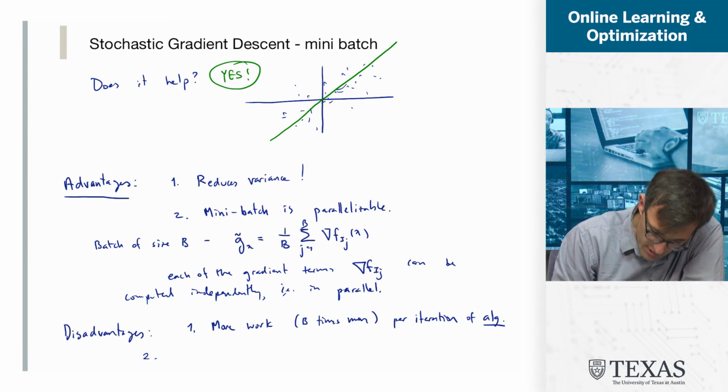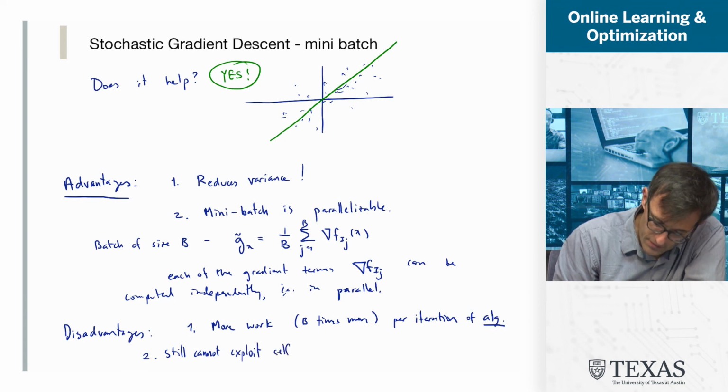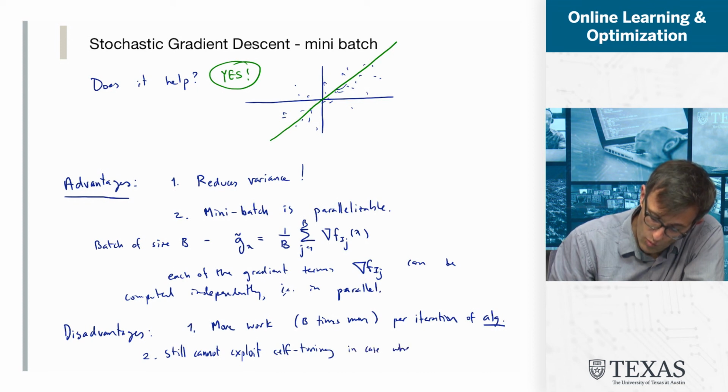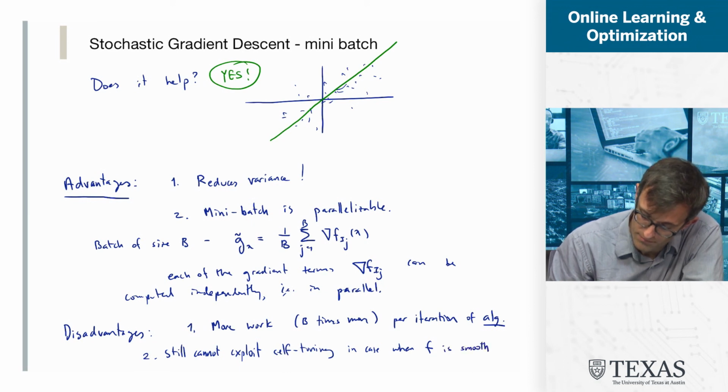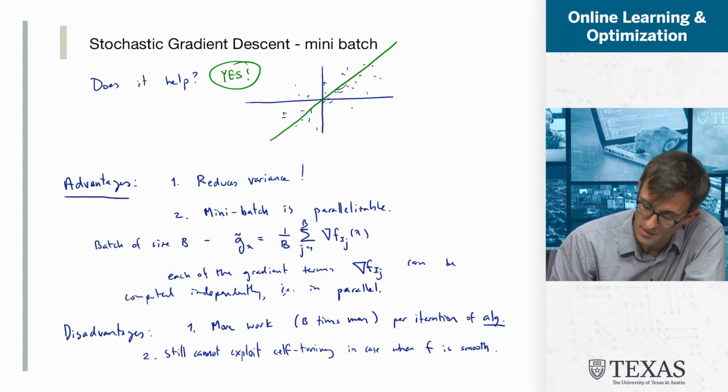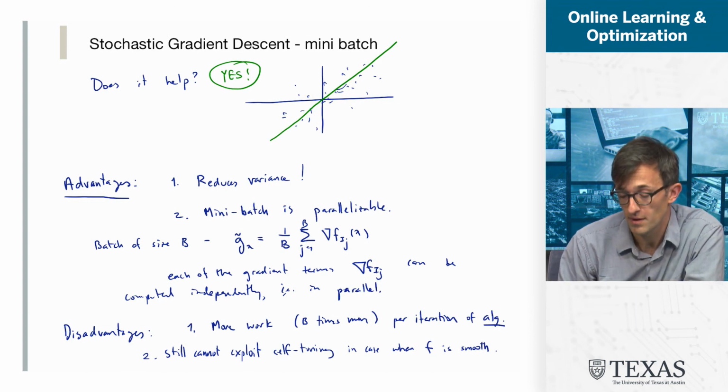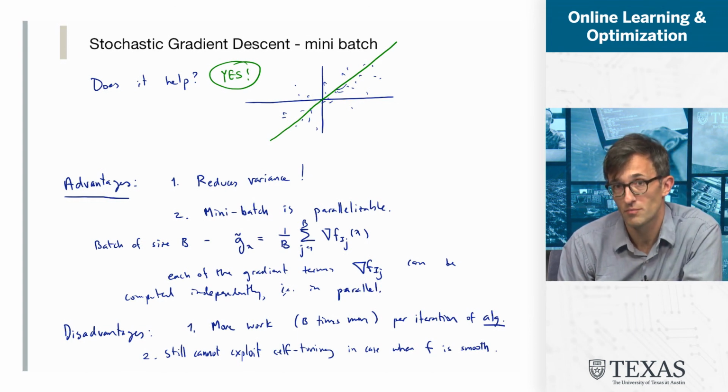So we still cannot exploit the self-tuning property in the case when the overall f is smooth. And this is important. We need another technique to do this, and this will be the topic of the next lecture. We're going to pick it up then.